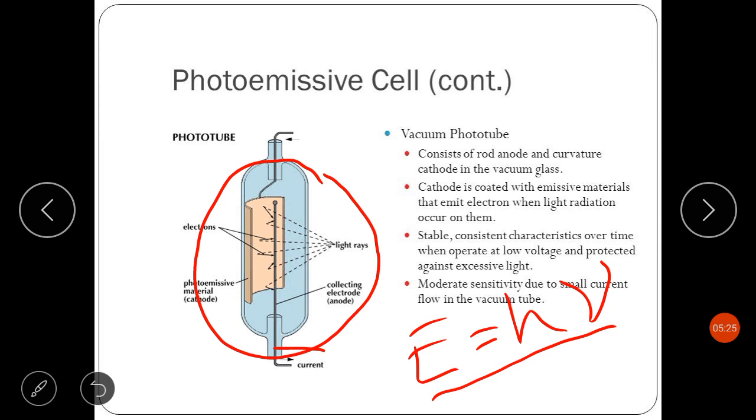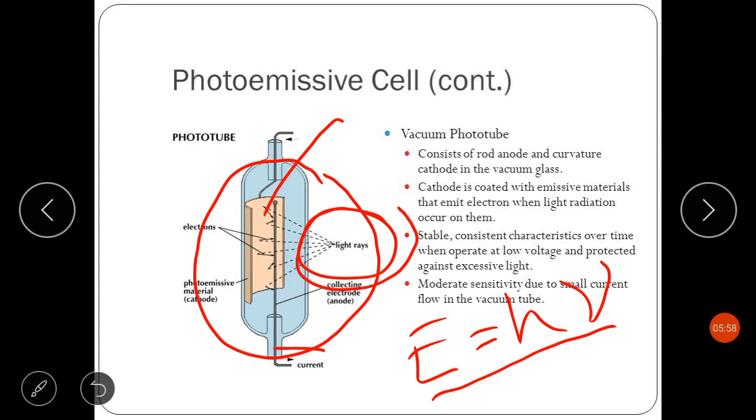Only when the photons of this radiation have energy greater than the band gap of the photoemissive material will the electrons, after gaining energy from the photons, be emitted. So electrons are emitted only when the photon energy of the light radiation is greater than the band gap energy of the photoemissive material.